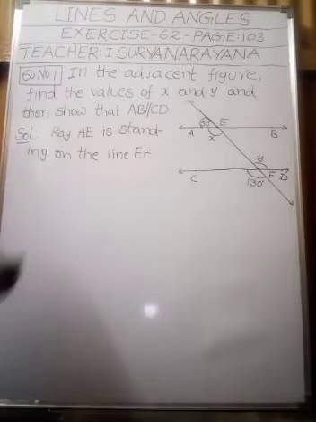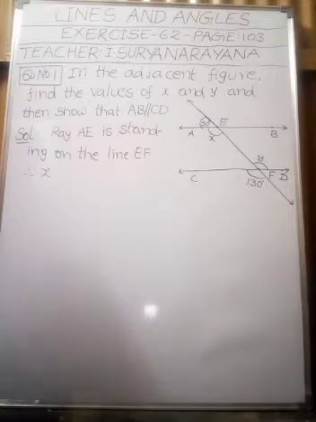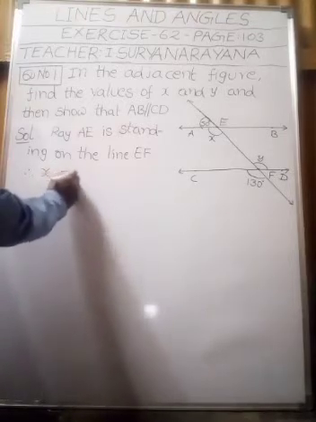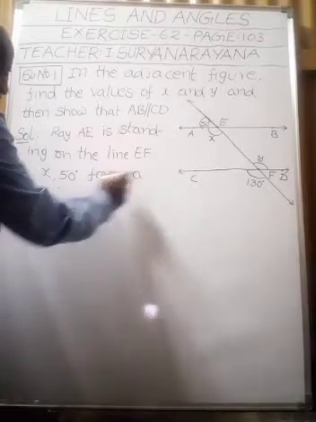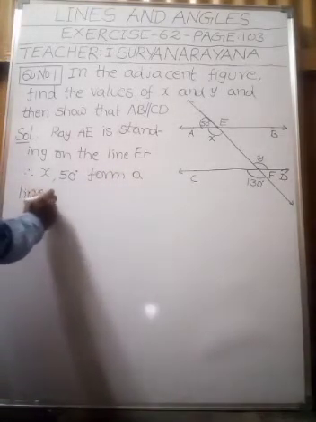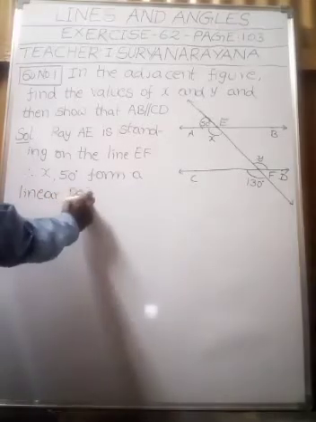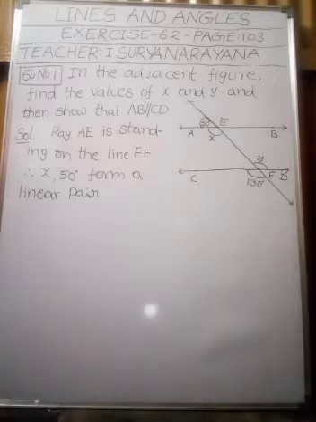Therefore, angle x and 50 degrees form a linear pair.